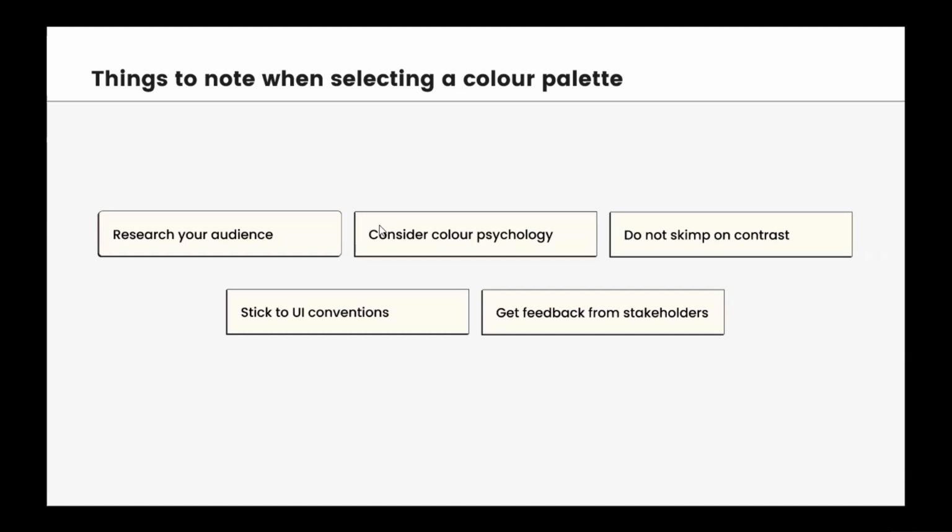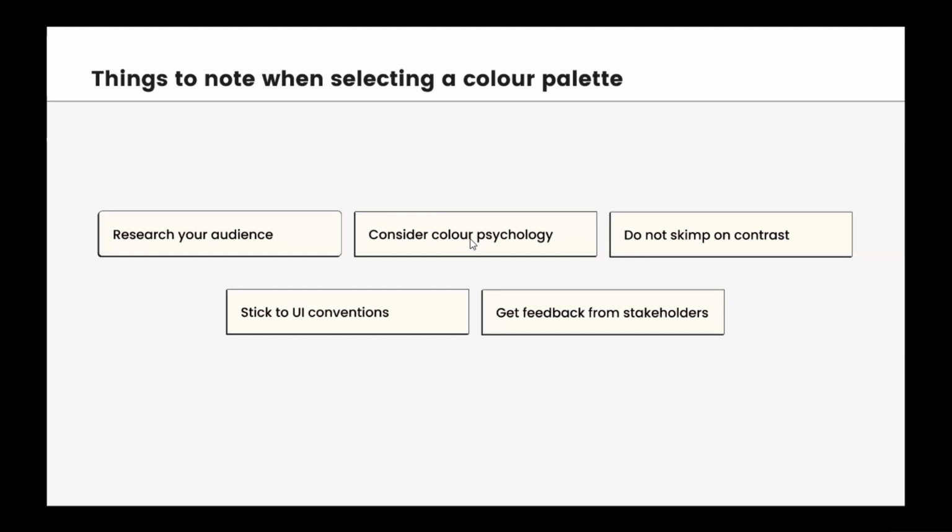So red could mean different things in different cultures. Also, in Eastern cultures, white signifies mourning, like you're mourning someone that has died. But in Western cultures, white signifies purity. These are things to understand when researching your audience. You could also consider the next point, color psychology.